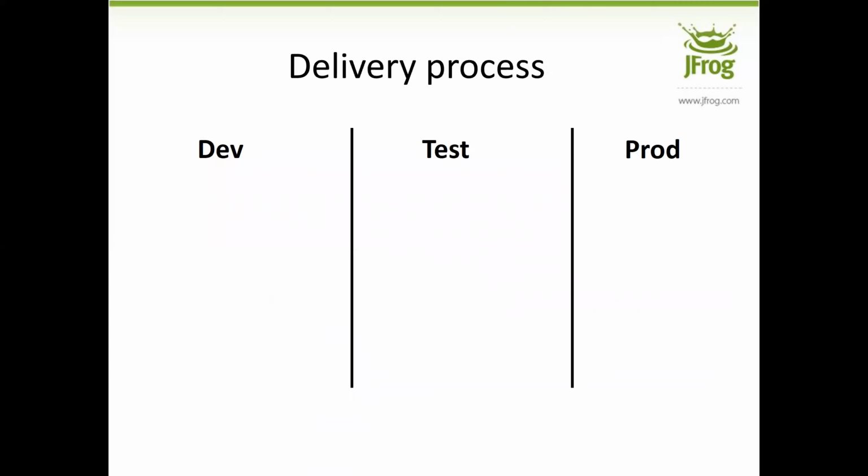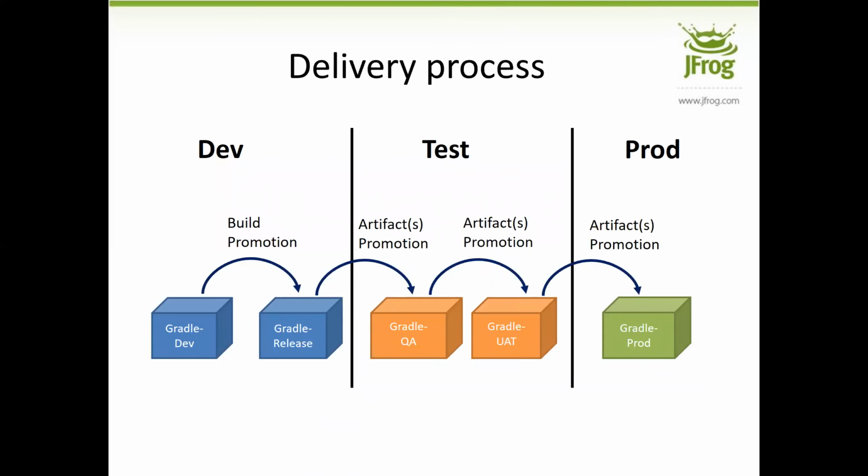And a last word before we jump into our demo. As an example, we'll take a standard organization with a dev team, a test team, and a production team. In each step or phase, I'll be using a different repository. A repository is the place where you store your binaries.